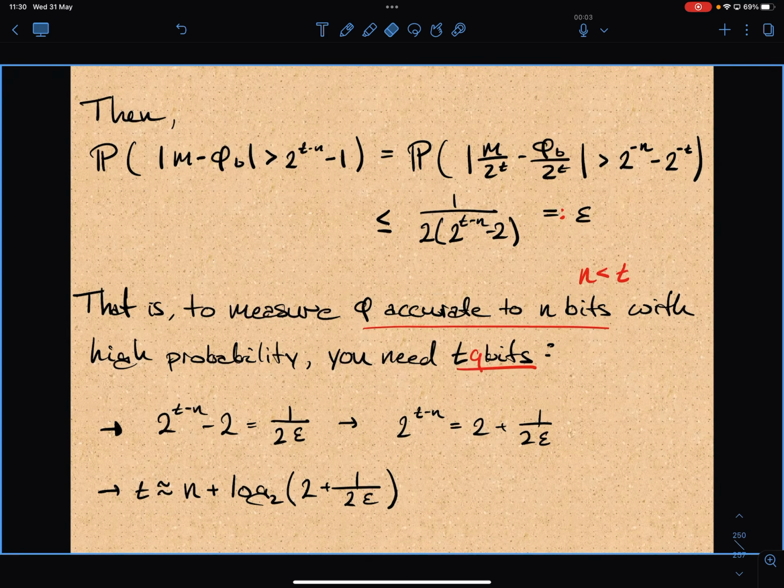And for this claim, I've decided to skip the proof. I think the result is intuitive. If you want it more accurate with high probability, the number of qubits that you need needs to go higher. And it's basically a computation and just trying to bound certain terms.